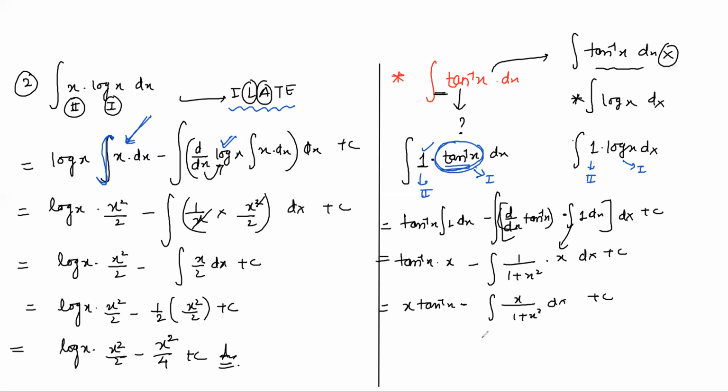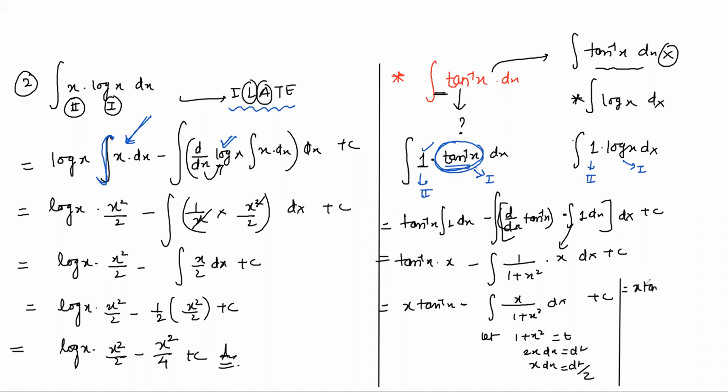Now you can check that if I put 1 plus x square as t, so it will become 2x dx is equal to dt, or I can say x dx will be dt by 2. Okay, so just substitute those values. Just wait a minute. Just substitute that value, then it will be very easy.